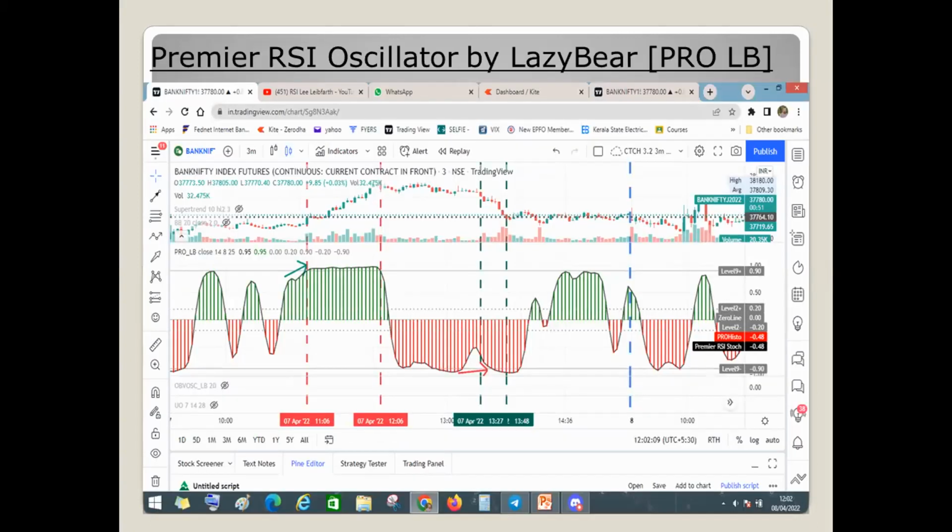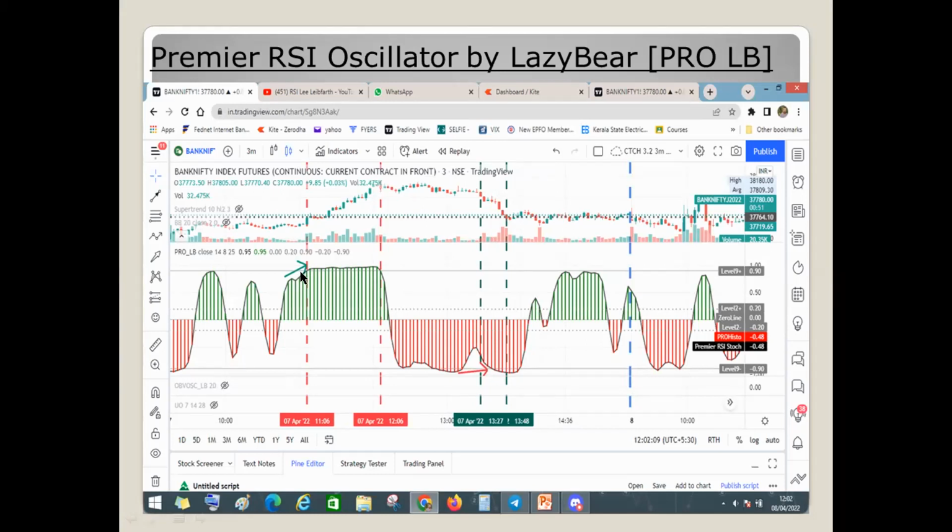So this is a modified version of the RSI oscillator, which is called Premier RSI oscillator by Lazy Bear. Jagan sir has provided us this. You can see it is also in graphical form. This is our area of interest, where it is creating some double bottom kind of shape.